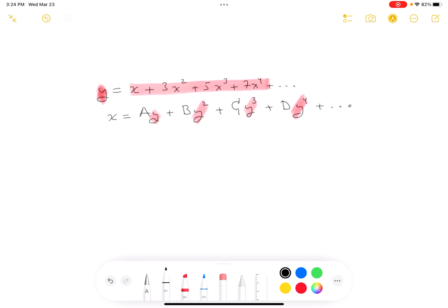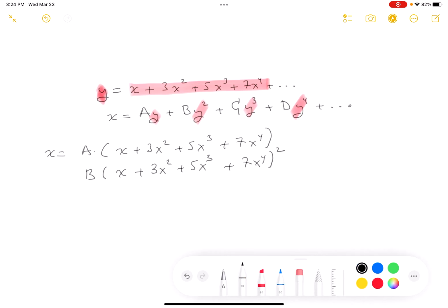It's painful to write down, but you would get x equals a times whatever the y is, and the y is x plus 3x squared plus 5x cubed plus 7x^4. By the way, we're going to stop at 4 terms. Then it's b times (x plus 3x squared plus 5x cubed plus 7x^4) squared.